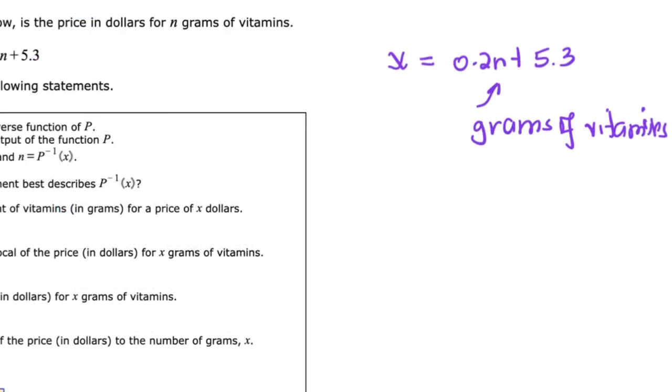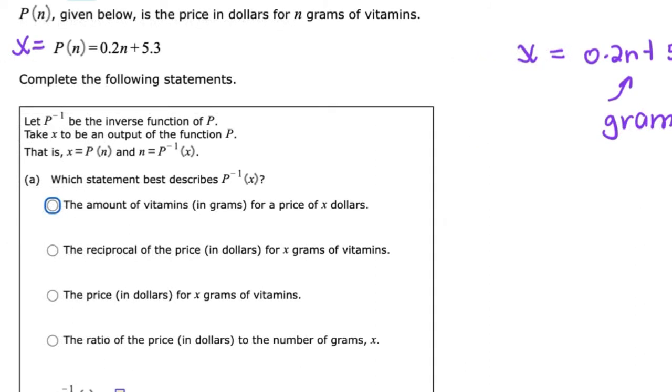So solving for N in terms of x, that means I'm going to have grams of vitamins in terms of x, which is the price. So let's see which one of these statements has grams of vitamins as a function of price. So the amount of vitamins in grams for a price in dollars. So it'll be our first choice.